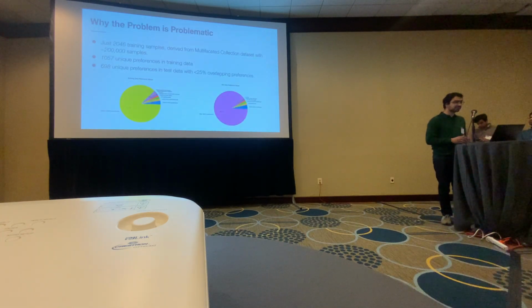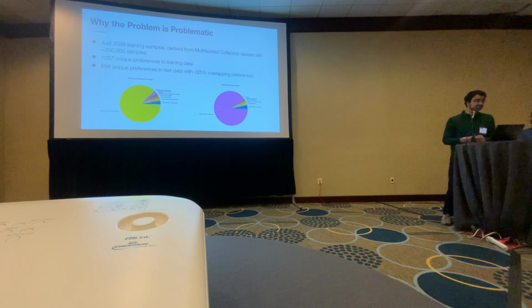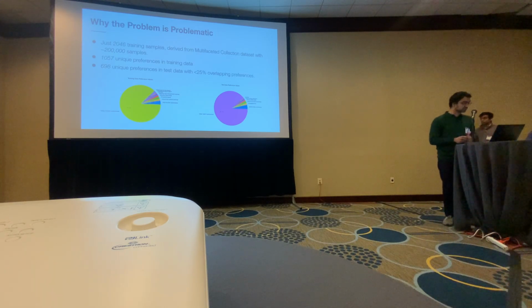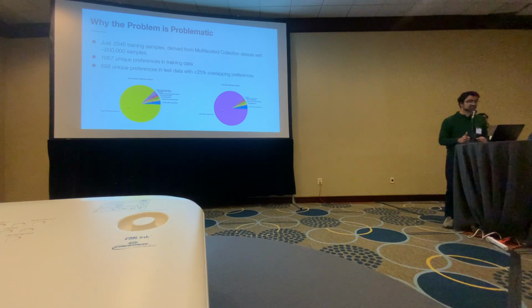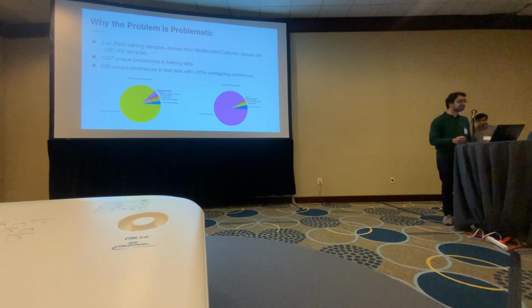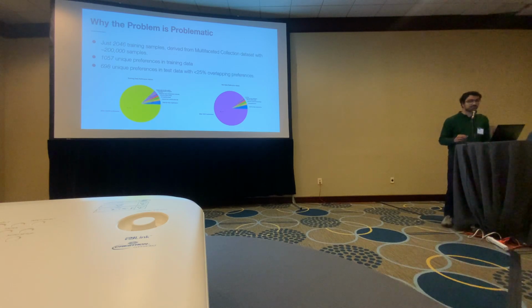Why is the problem problematic, or to us in some sense interesting? First, we get only a few training samples, just around 2,000 of them, derived from a much bigger multifaceted data set from KSTI with over 200,000 samples. So the data set size is pretty small to do any real learning. And then the preferences, for the prediction task which has been simplified to binary prediction, there are over 1,000 of them in just a data set size of 2,000.